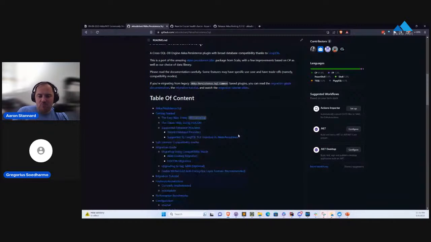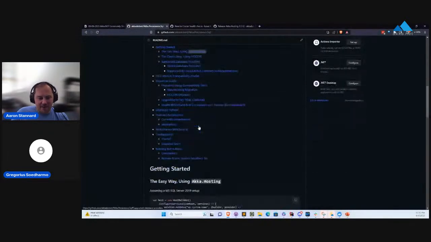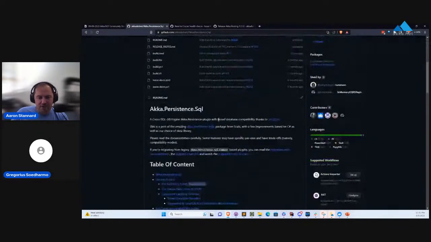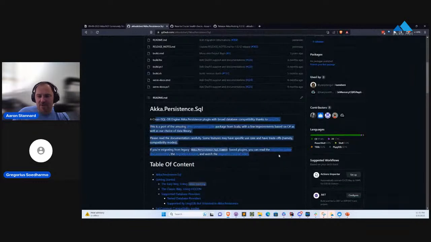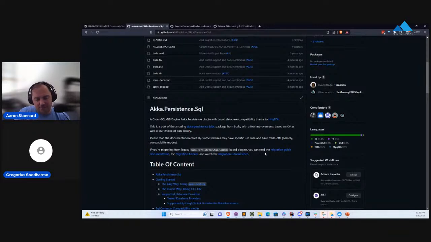That's just one little thing, and I think we document that somewhere in the README. You'll have to correct me if I'm wrong on that, Gregorius, but that's a requirement that LinqToDB has. We don't want to bundle all the possible drivers and ship them in here. You just get to go ahead and install the one that works best for you. So that's one additional step that we didn't used to have before. But that's one of the benefits of standardization, basically that it'll work with any ADO.NET compatible driver.